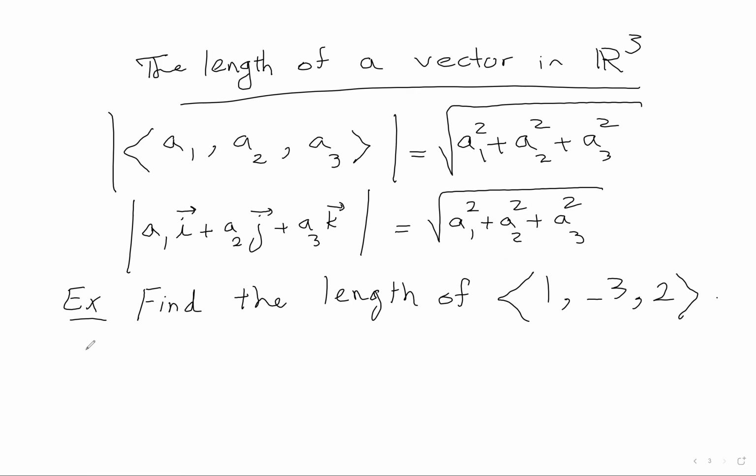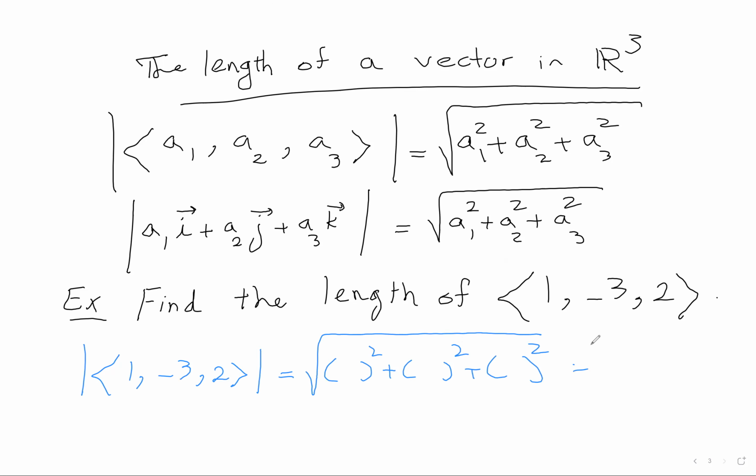So here the length of this vector is going to be radical of first coordinate squared plus the second coordinate squared plus the third coordinate squared. 1, -3, and 2 will be put inside these parentheses. 1 squared 1 and -3 squared 9, 2 squared 4.